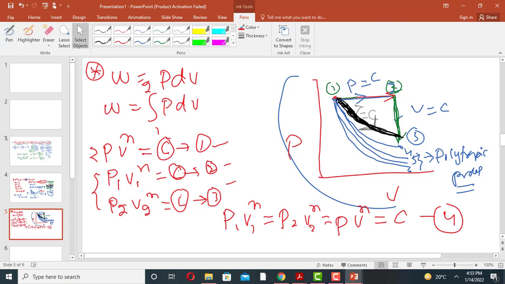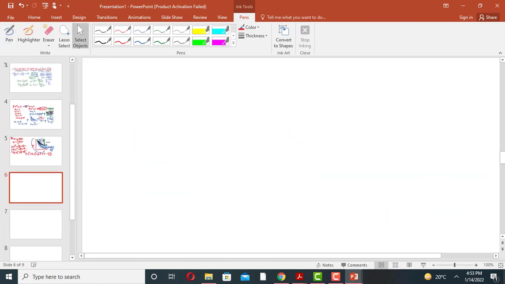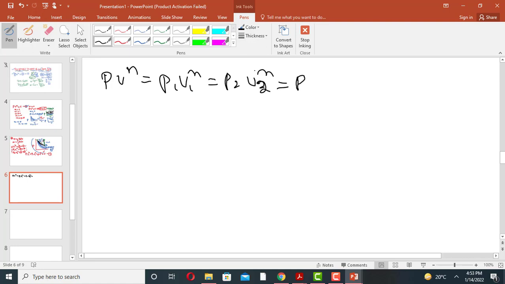Now from PV^n is equal to P1 V1^n is equal to P2 V2^n is equal to constant C. Now what will be the work done? Work is equal to the integral of P dV from point number 1 to point number 2.